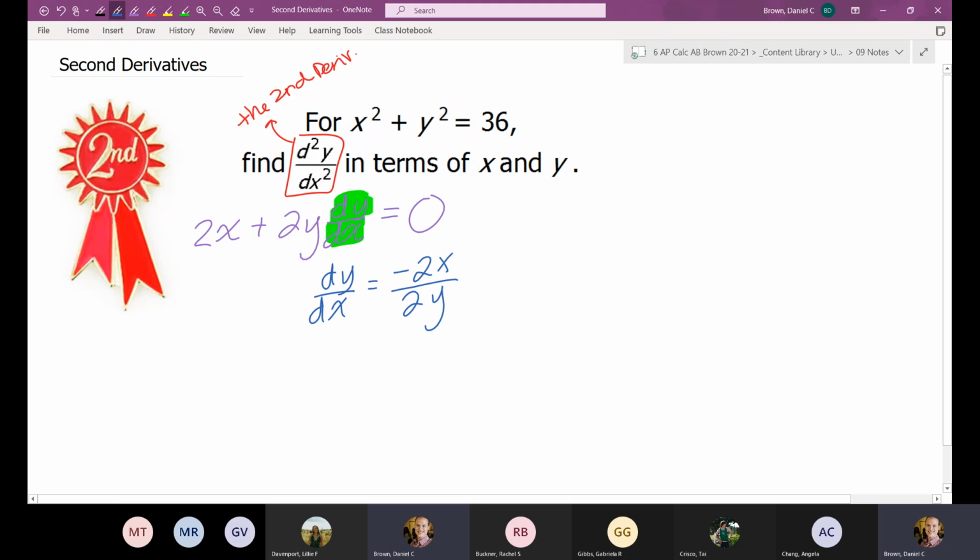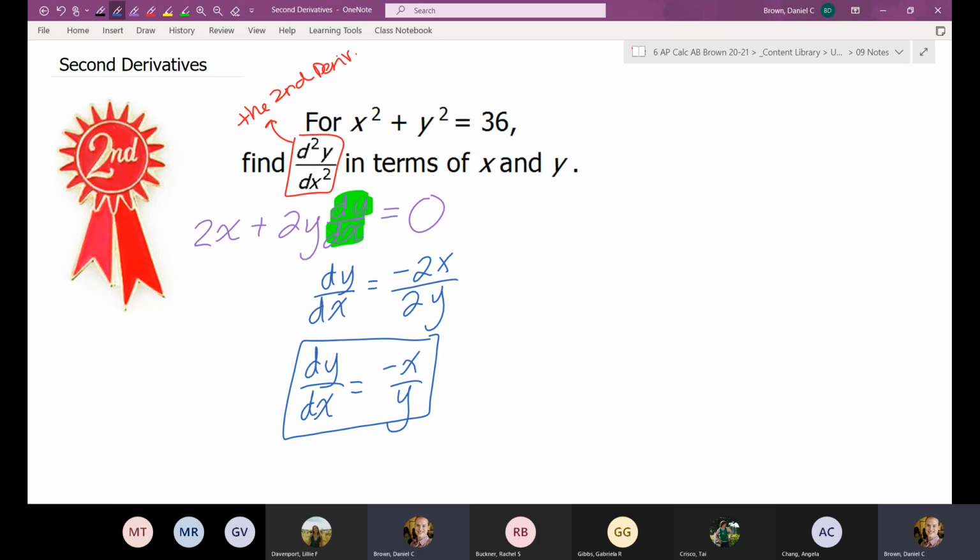The first derivative of a circle is negative 2x over 2y, which is a whole lot easier to simplify: the first derivative of a circle is the negative x coordinate over the y coordinate, which is very similar to the differential equation you see in homework 1. It's just the reciprocal of that flipped around.